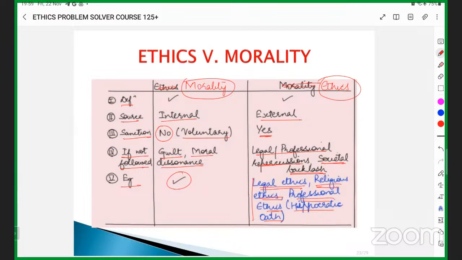Not exactly, because the thing which you are mixing morality with is emotion. Morality actually is not an emotion. Morality is a value. So when we talk about morality, it has to be seen in a long-term sense. The basis of morality is a certain value.